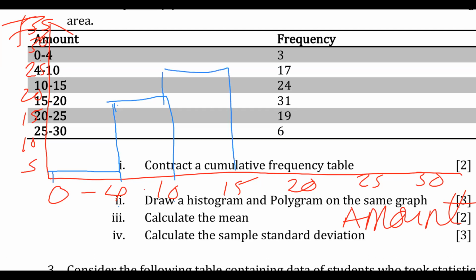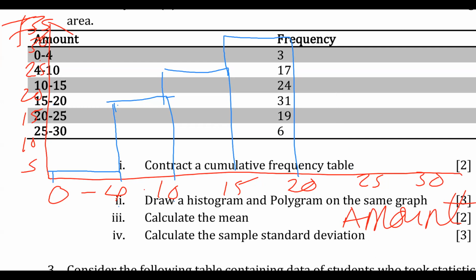And from 15 to 20, we've got 31, right? Yes. And from 20 to 25, we have 19. And 19 is somewhere here, very close to 20, like that.